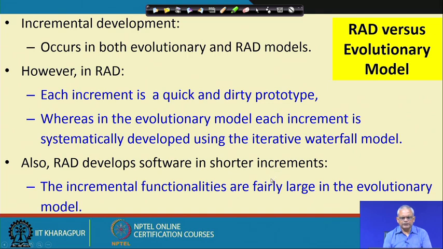If we look at the size of the increment, the RAD increments are shorter, called a time box, whereas in the evolutionary model, each increment takes longer and more functionality is completed in an iteration.